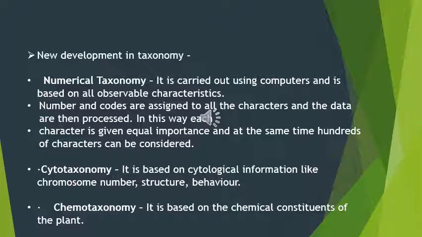The third type of taxonomy is chemotaxonomy. It is completely based on chemical constituents, as chemo here means chemical. So this type of taxonomy is completely based on the chemical constituents of the plant.